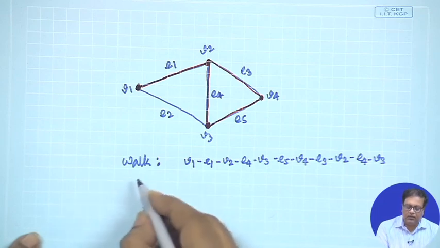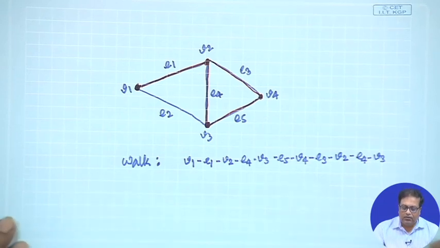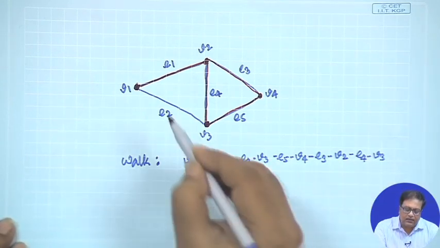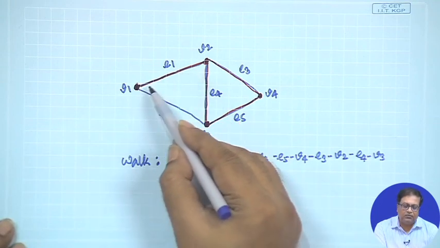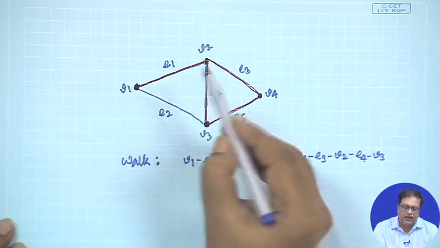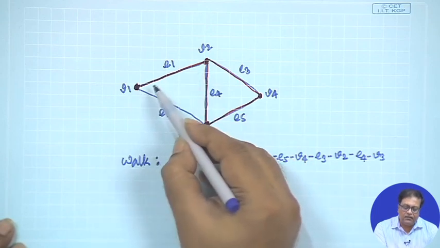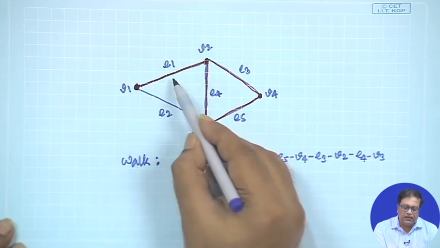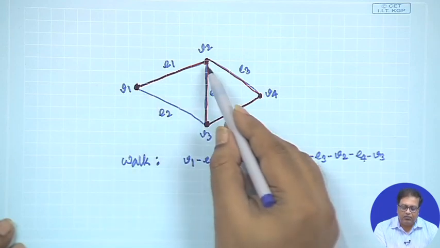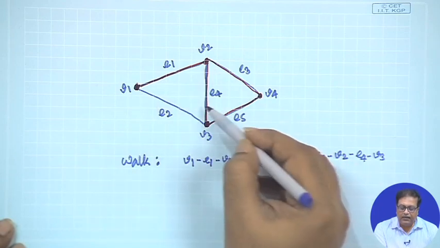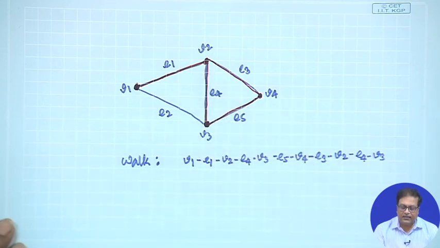So this is a walk. What is a walk? A walk is a sequence of vertices and edges starting from a vertex such that each edge considered is incident on the vertex, and while doing so we can repeat both vertices and edges. That is the concept.